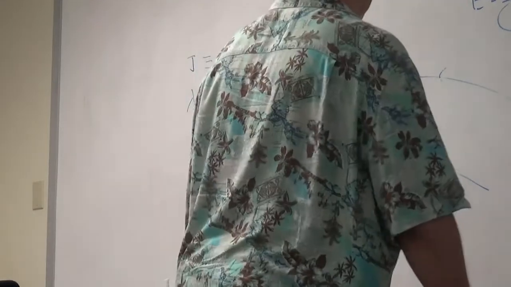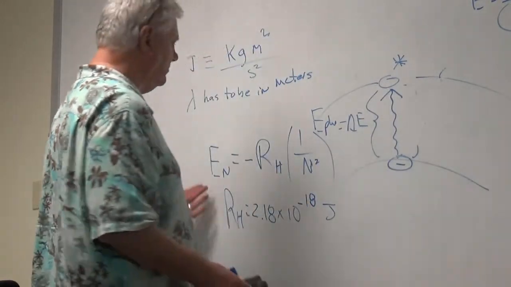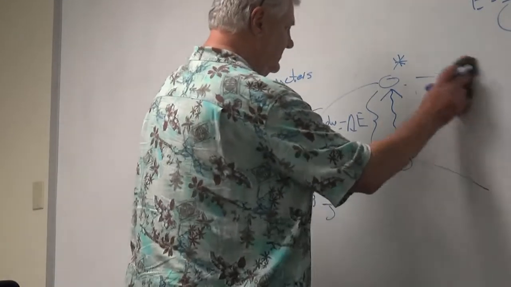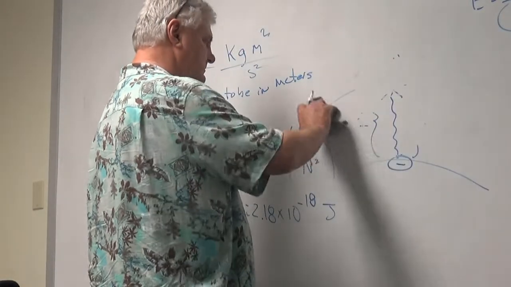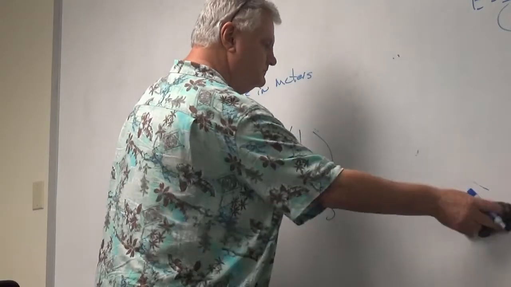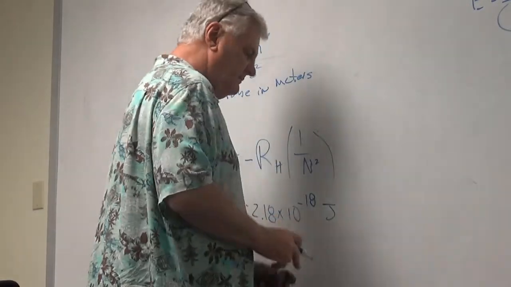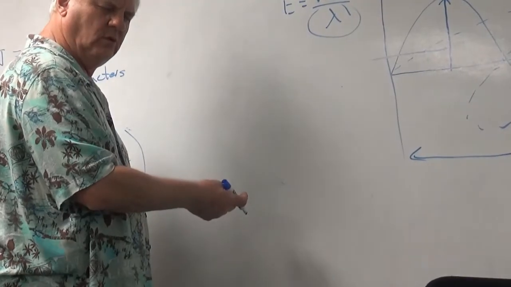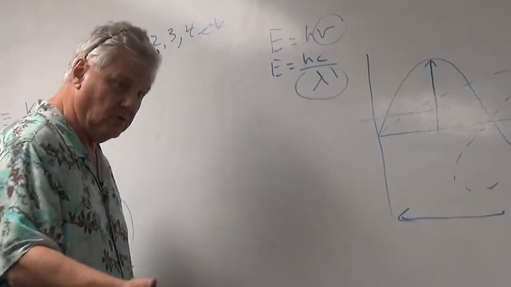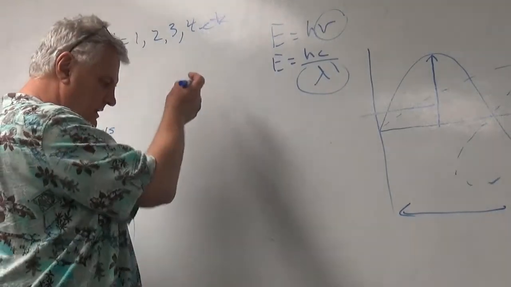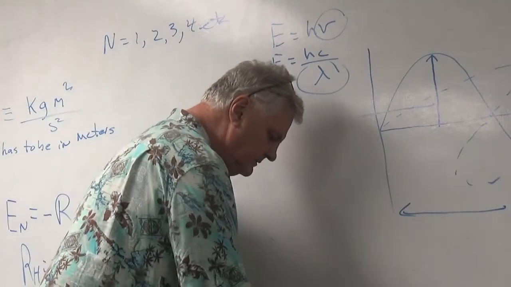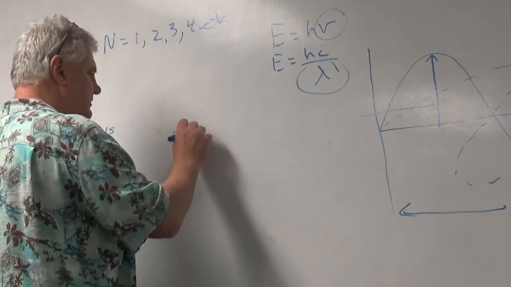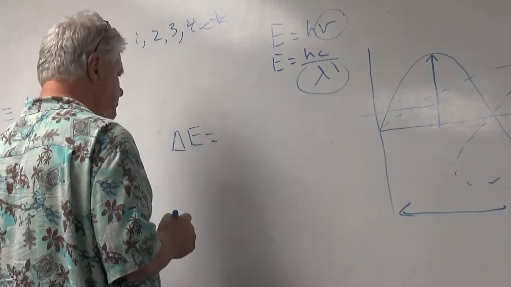So that's actually a pretty simple equation, and again, this is only for hydrogen, so you need to make a note of that. It doesn't work for any other element. Whether you have an electron going from an excited state to a lower one, or absorbing a photon and going from a lower one to a higher one, the change of energy, you can use this equation right here.